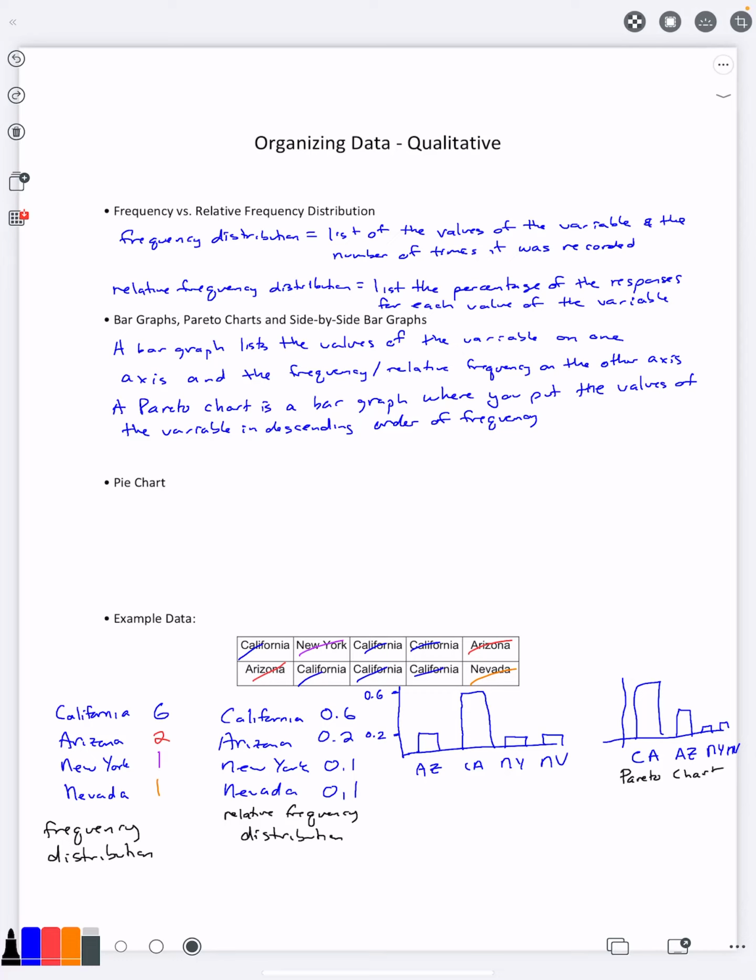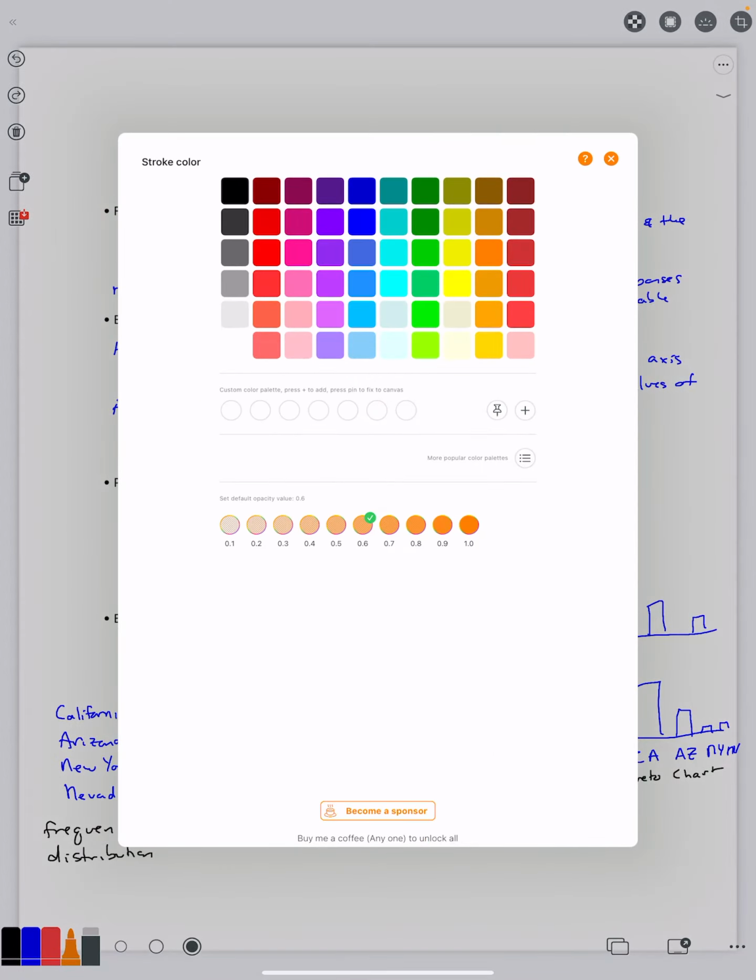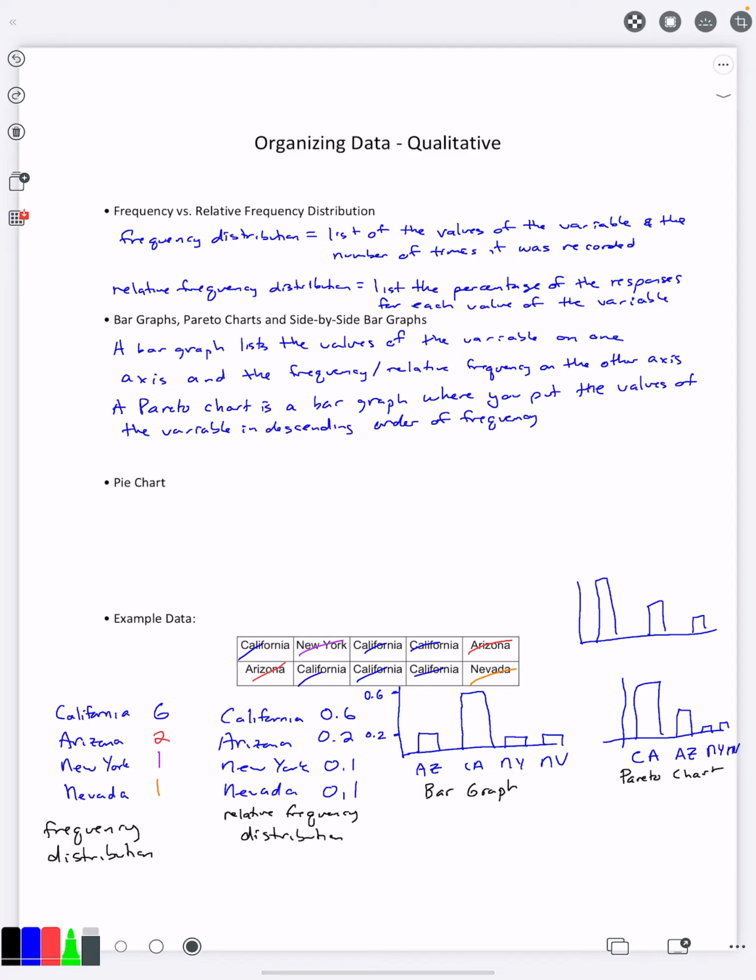So again, nothing too fancy here. The last thing in that part says side-by-side bar graphs. This is, for example, let's say you get data from men and women and you want to break it down here. So you'd put the data for the men as a bar graph, and then you would separately get the data for the women.